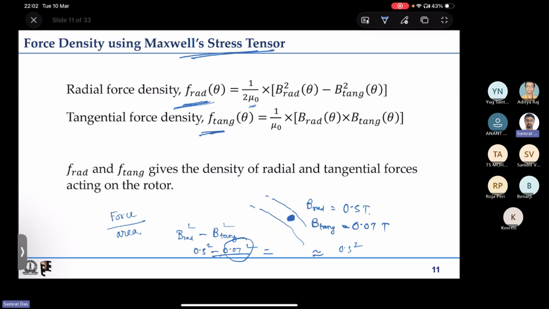So this can be approximated as only the radial component of flux density square for all practical purposes. So the radial force density is given by 1 by 2 mu naught B rad square.